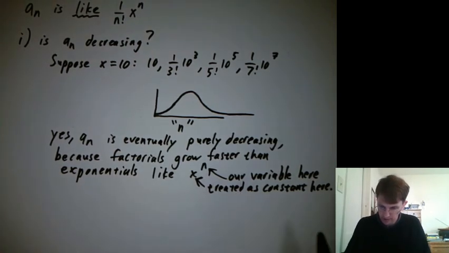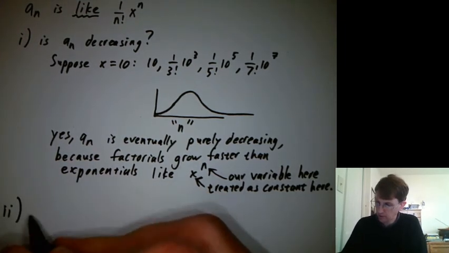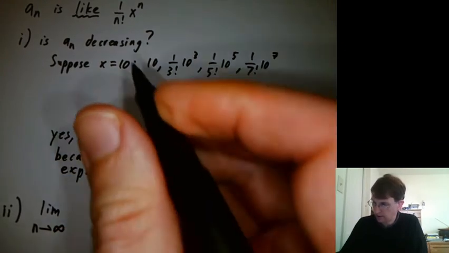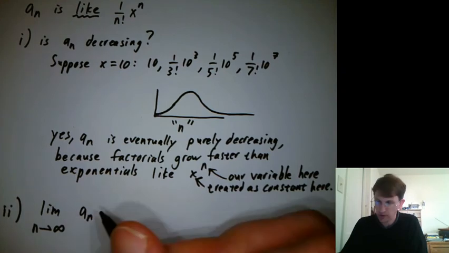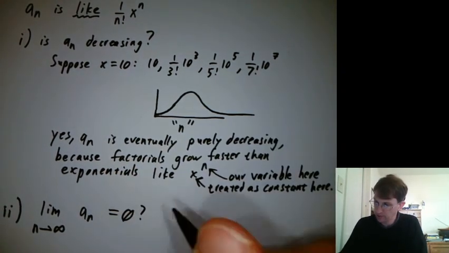So that's good. And then part 2 is the limit as n goes to infinity of these terms. We'll call them a sub n, but you just call them the terms. Is that equal to 0?